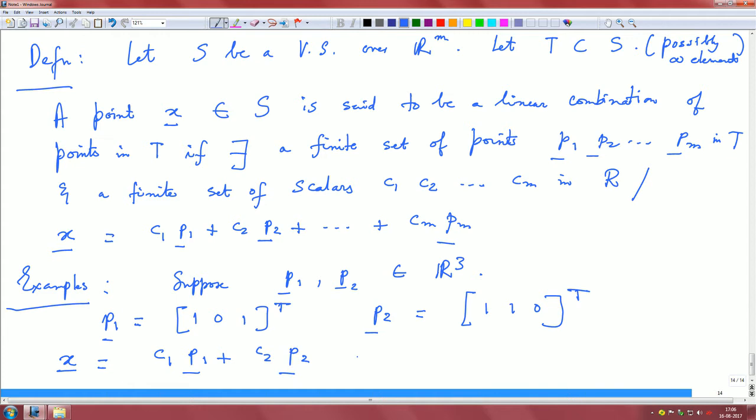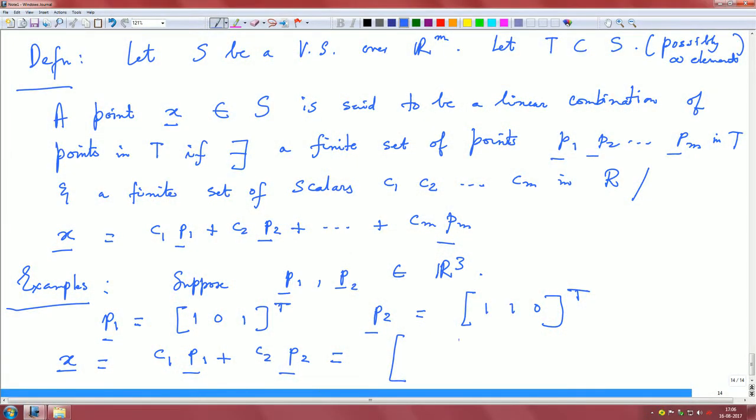I take X to be a linear combination of P1 and P2. C1 and C2 are basically scalars over the real. Taking C1 times P1 plus C2 times P2, the first coordinate is C1 plus C2, next coordinate is C2, next coordinate is C1.